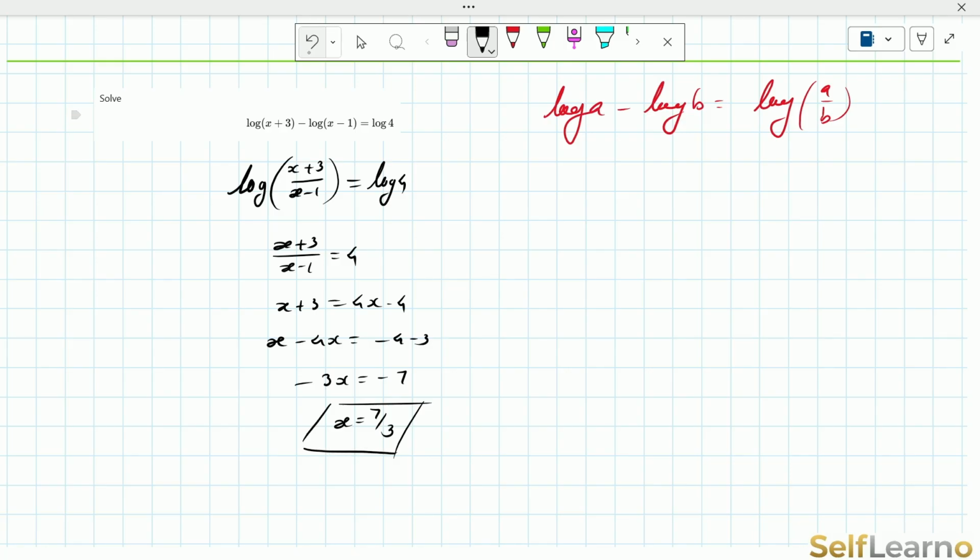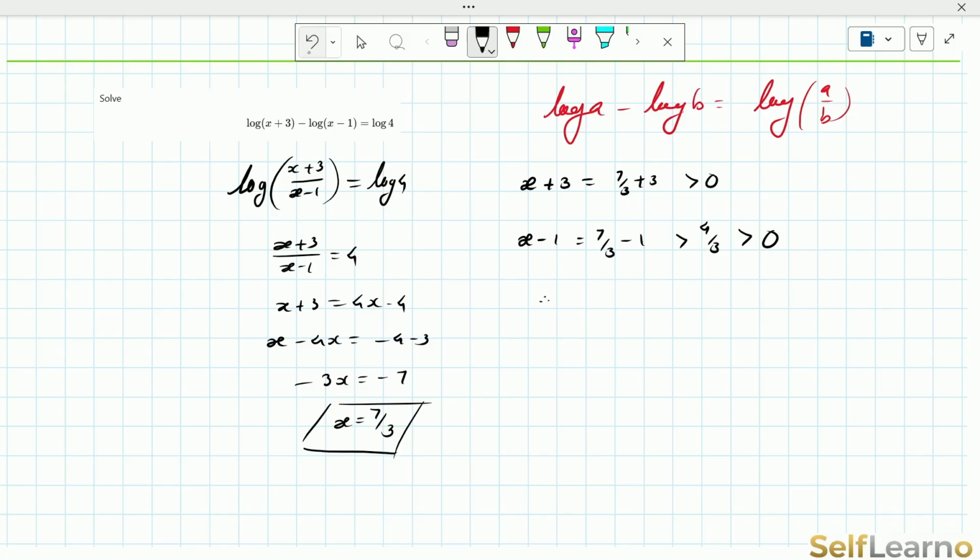Now let us check the validity of this solution. The first argument is x plus 3. So 7 by 3 plus 3 will be greater than 0, right? Both are positive, so greater than 0. Now x minus 1: 7 by 3 minus 1 gives me 4 by 3, and it is a positive number, so accept it.